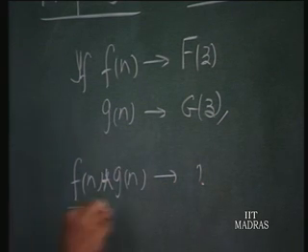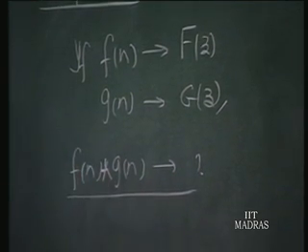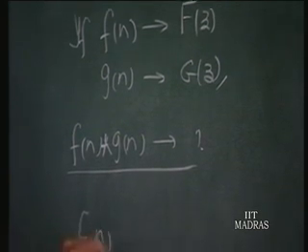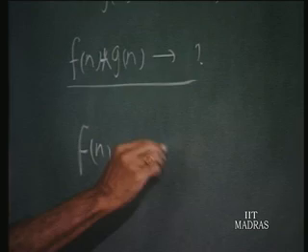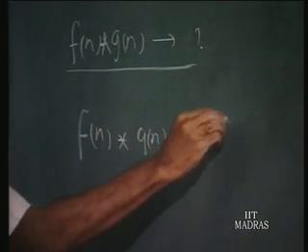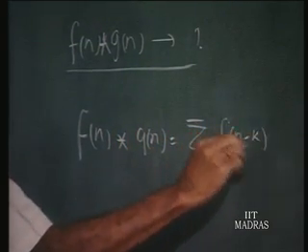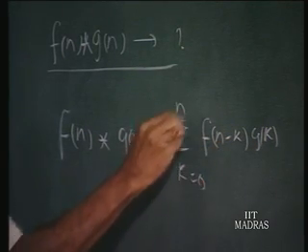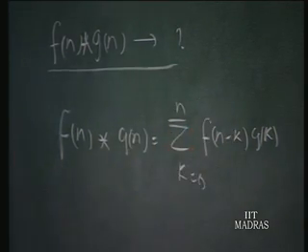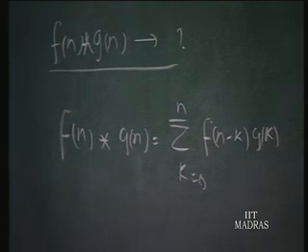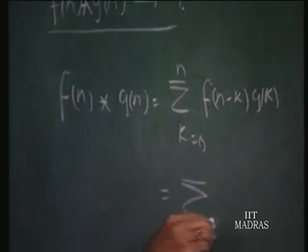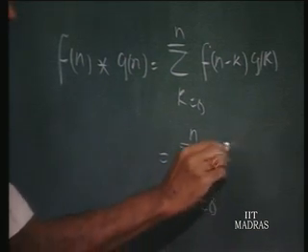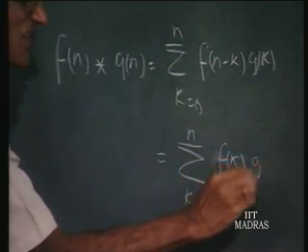You recall that the convolution of two discrete time signals Fn and Gn is defined as the sum of F(n minus k) G(k), k from 0 to n for causal signals, which we are assuming. This can also be written as the sum for k equals 0 to n of F(k) G(n minus k).